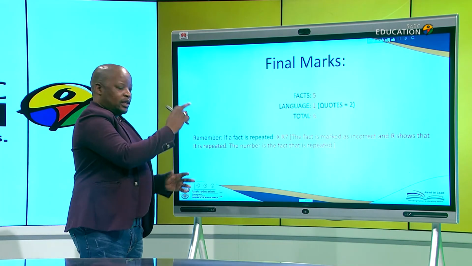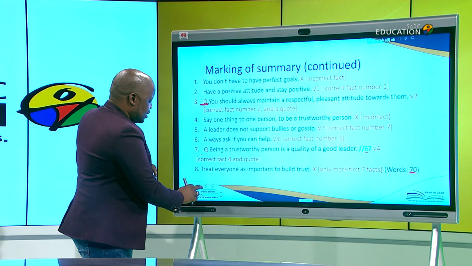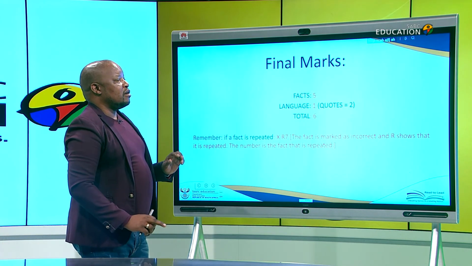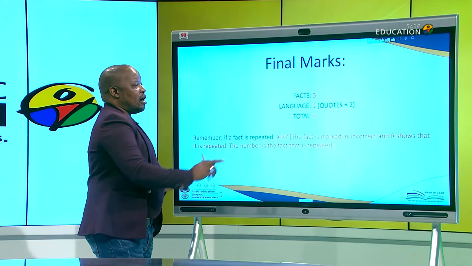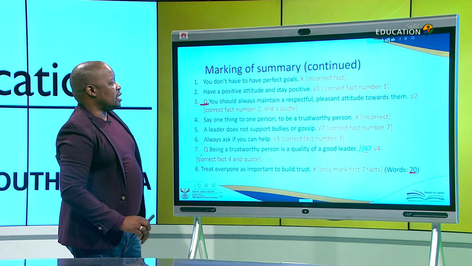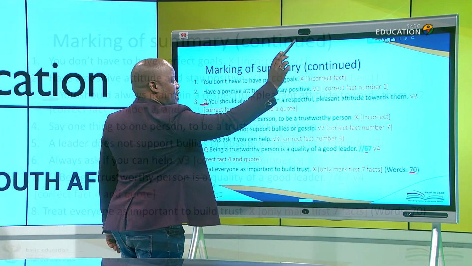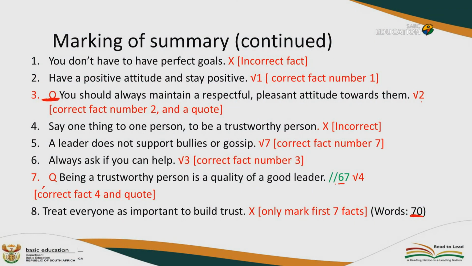Then for this summary, this is how the marks were allocated. How many facts? Let's go back. We say we have 1, it's correct. 2, it's correct.